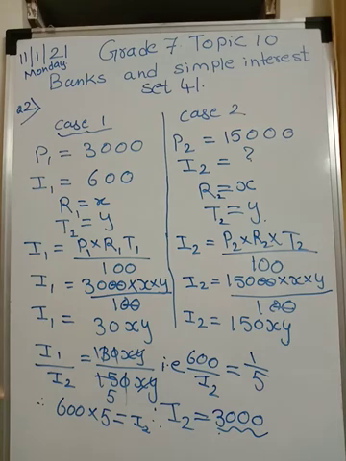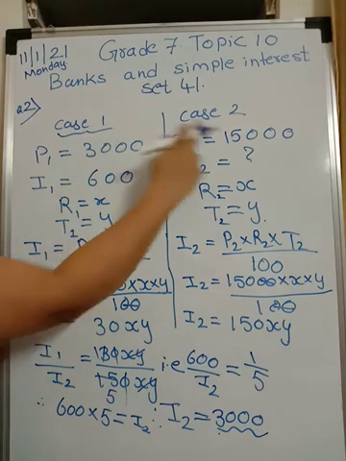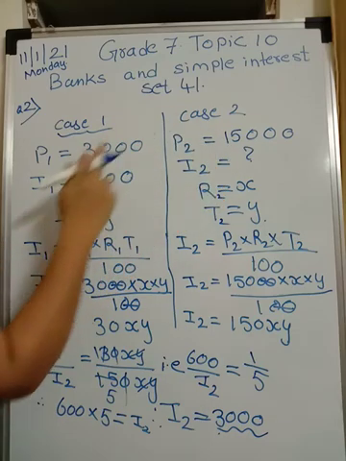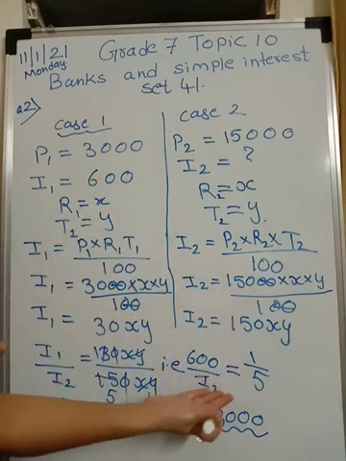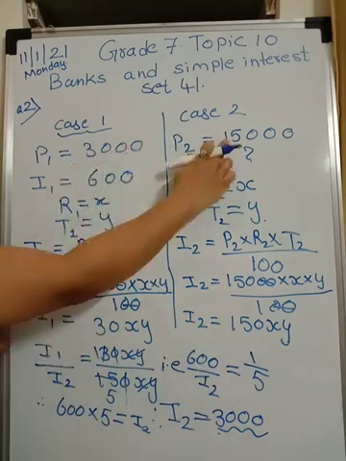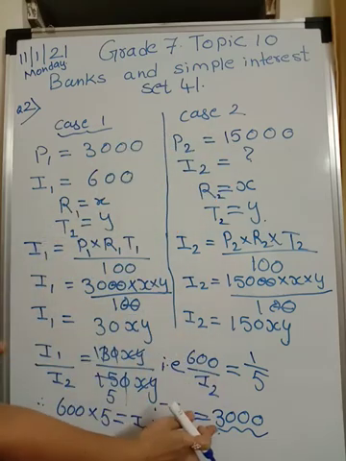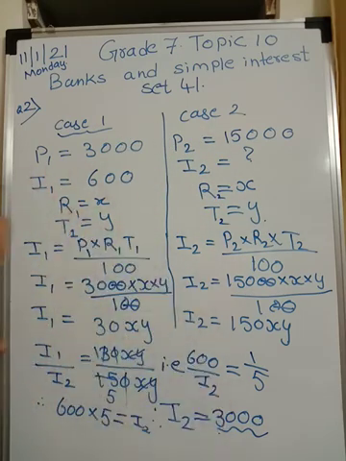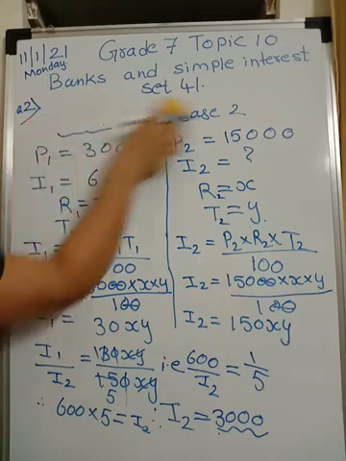Now see students, principal is increased by 5 times, so interest will also increase by 5 times. Yes or no? 3 5s are 15, 6 5s are 30. Or another way which I was willing to tell you is to look at the formula. What is our simple interest formula? Let me erase this.